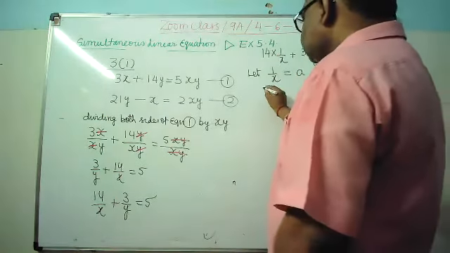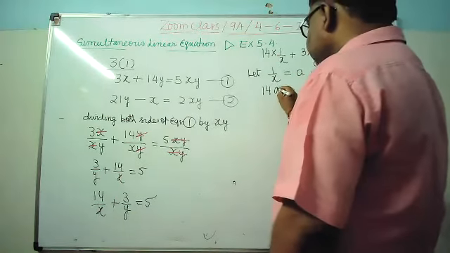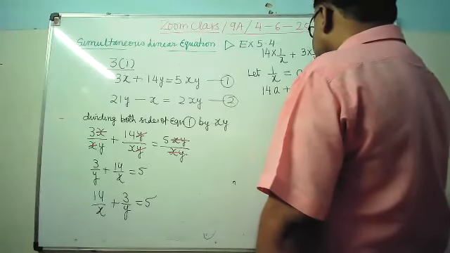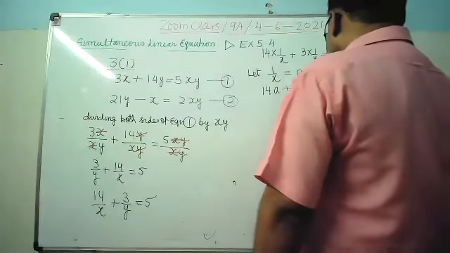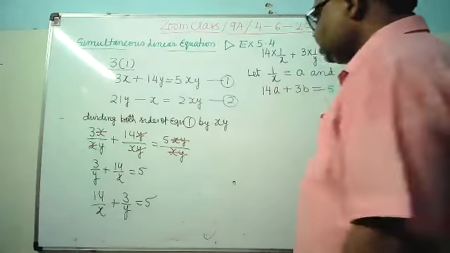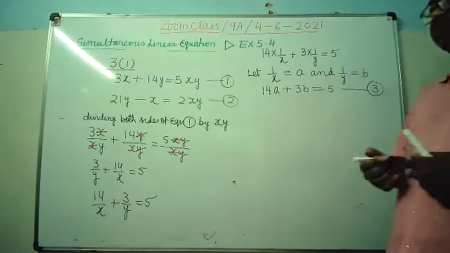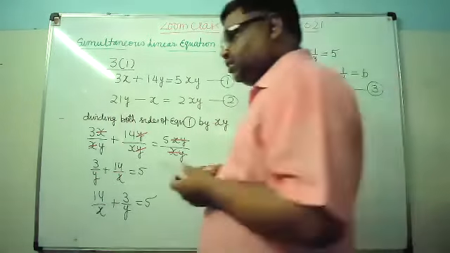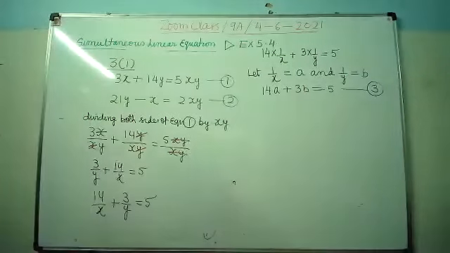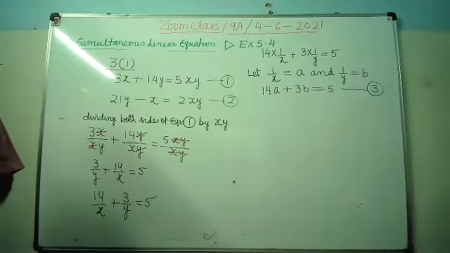So it will be now what? 14a plus 3b equals 5. This you can name equation 3. This we have named as equation 3. Have you understood? Yes, sir.